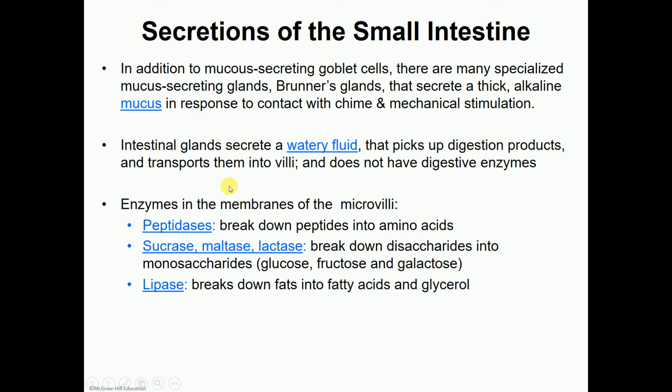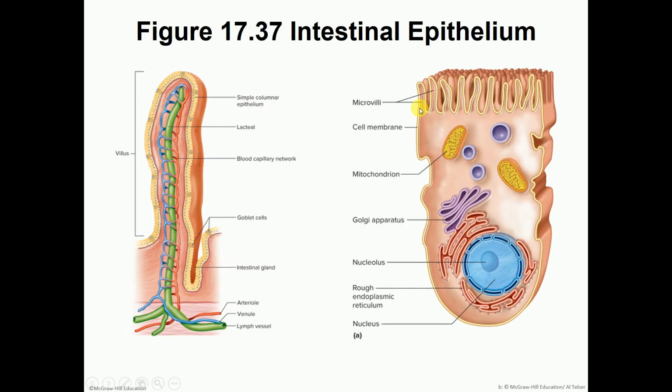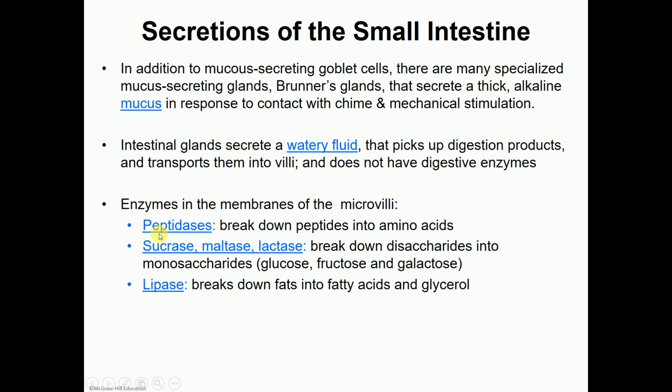So what are the enzymes that are found in the membranes of these microvilli? Remember again, these enzymes are found in the cell membranes here. And they are peptidases. These are going to finalize the digestion of protein into amino acids.